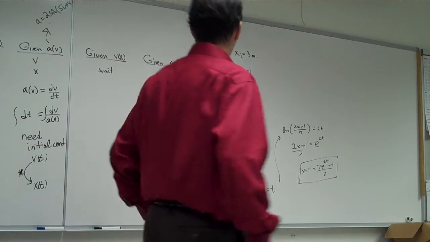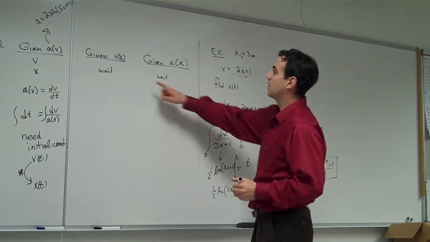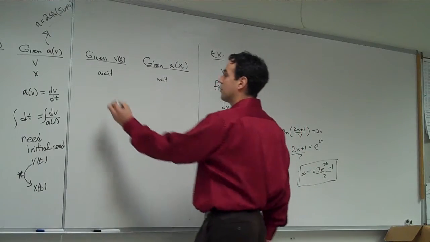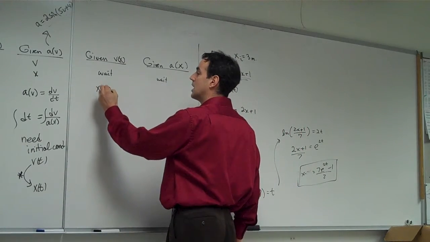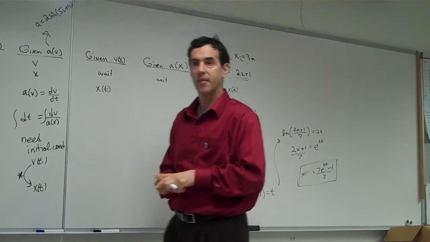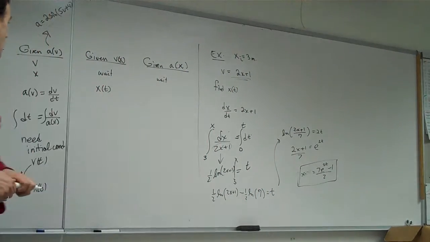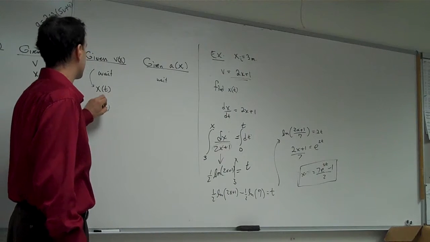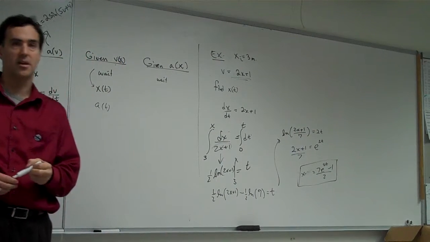Let's now do the other part of this problem, which is we're given velocity as a function of x. We found x as a function of t. So I got x as a function of t. How can I get acceleration as a function of t from velocity as a function of x?